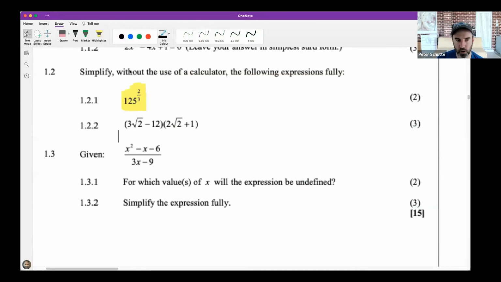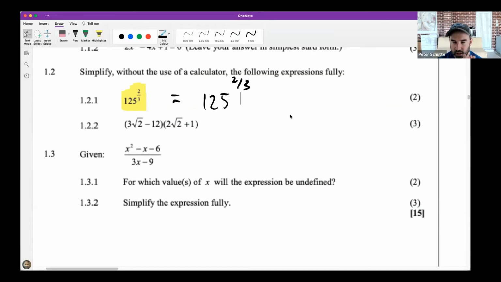This is from the exponents and surds section. If you can't see clearly, this is 125 to the power of 2/3. Can you simplify that for me without a calculator?